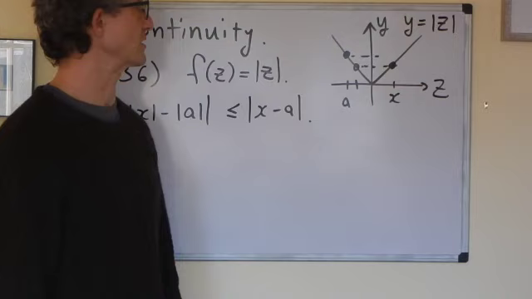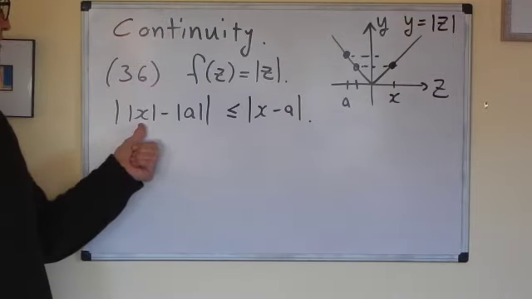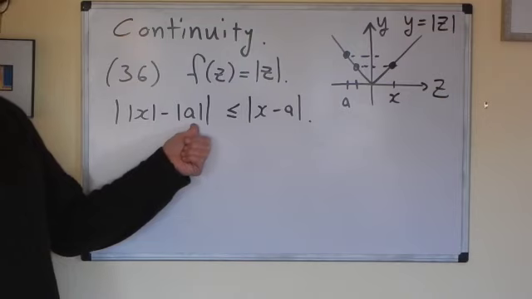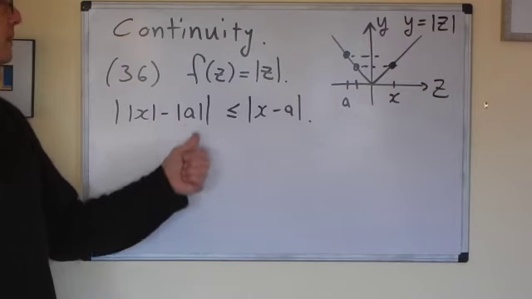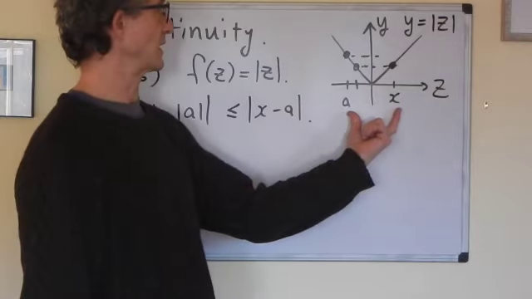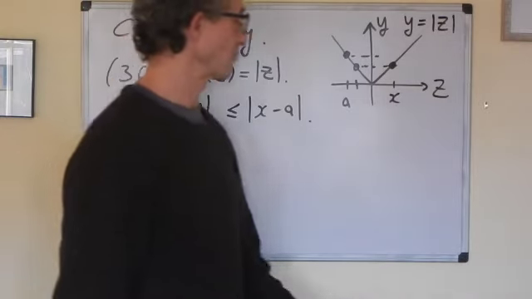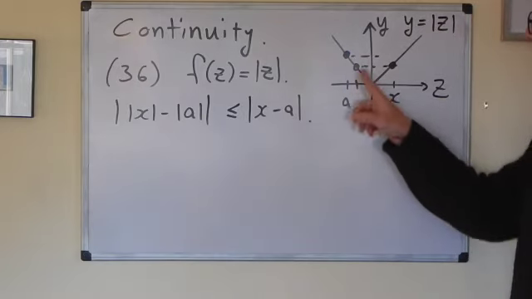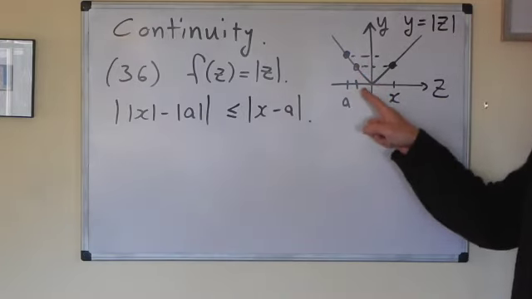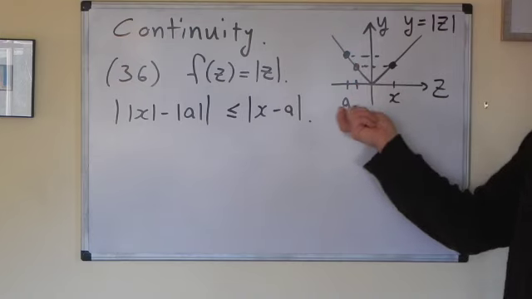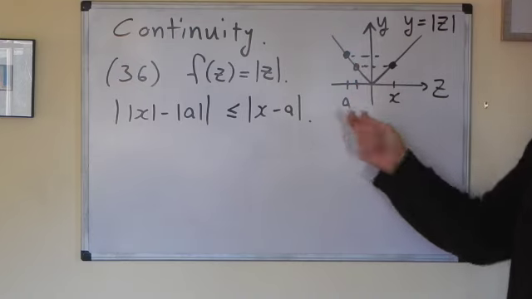And then the question is, how far is the value of the function at x from the value of the function at a base point A compared to the distance between x and A? Well, if x and A are on the same side of 0, then the distance between the absolute values is just the distance between those 2 points.